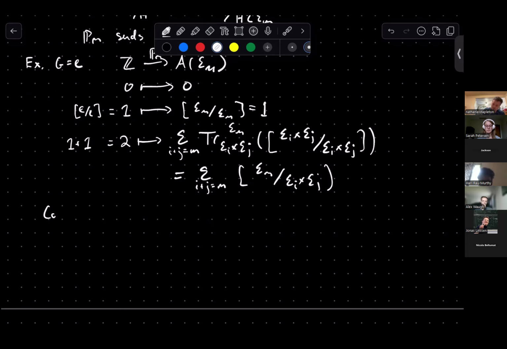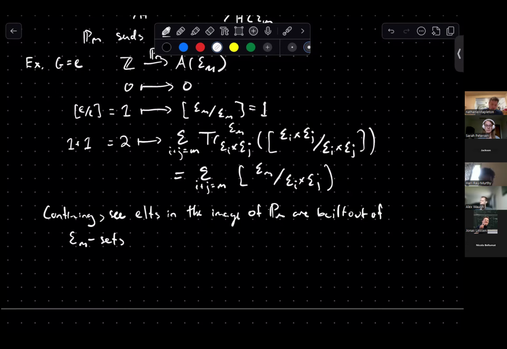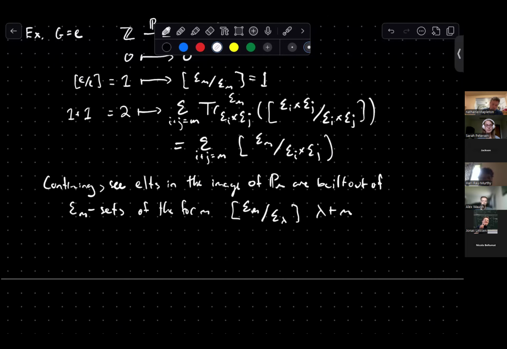So continuing, we see that elements in the image of PM are built out of sigma m sets of the form sigma m mod sigma lambda, where lambda is an integer partition of m.